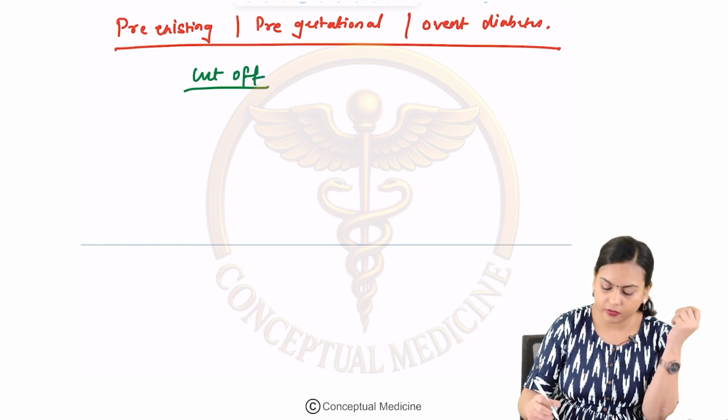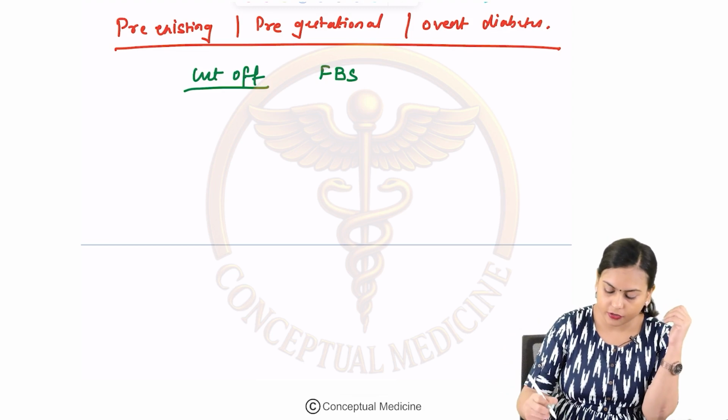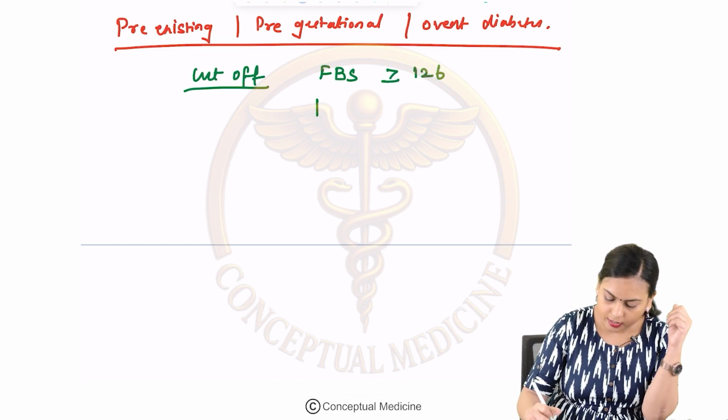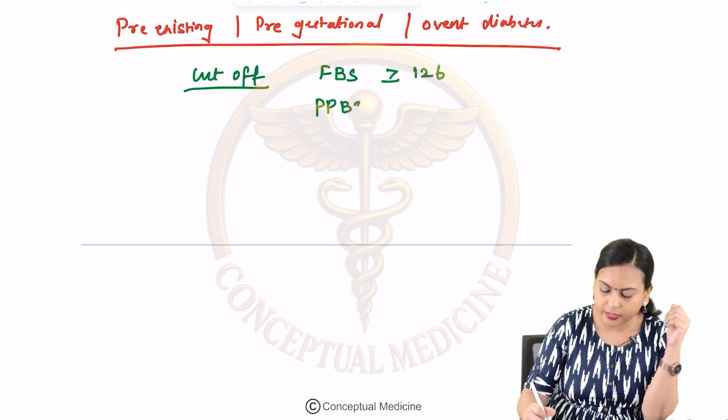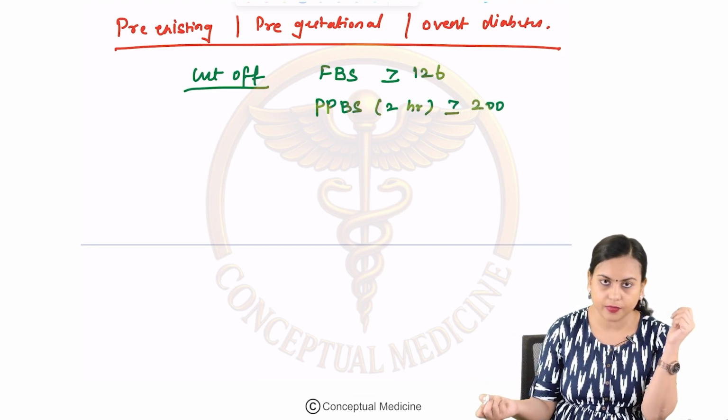of sugar levels. For diagnosing this, the fasting blood sugar level should be more than or equal to 126 mg per deciliter. Then the 2-hour postprandial blood sugar should be more than or equal to 200 mg per deciliter. Clear?